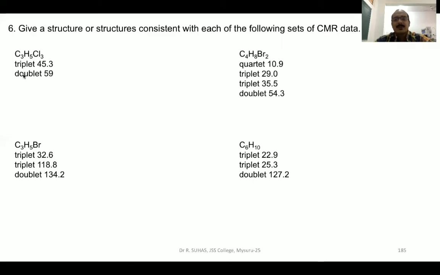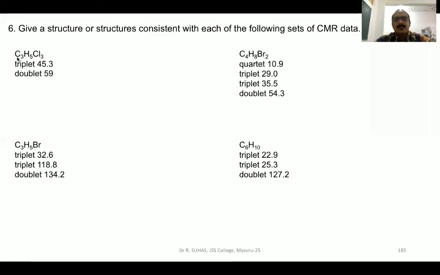Doublet refers to the presence of CH. So this CH is having 59, whereas CH2 is having 45.3, and there are 3 chloro groups in the compound. So we know that whenever there is any halogen, that too when it is chloro, you will see that there will be more deshielded value because of the electronegativity coming from the chlorine.